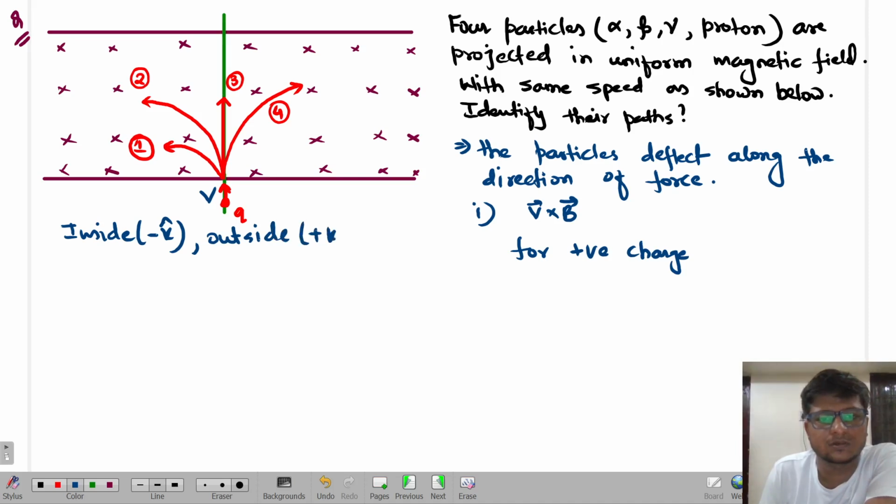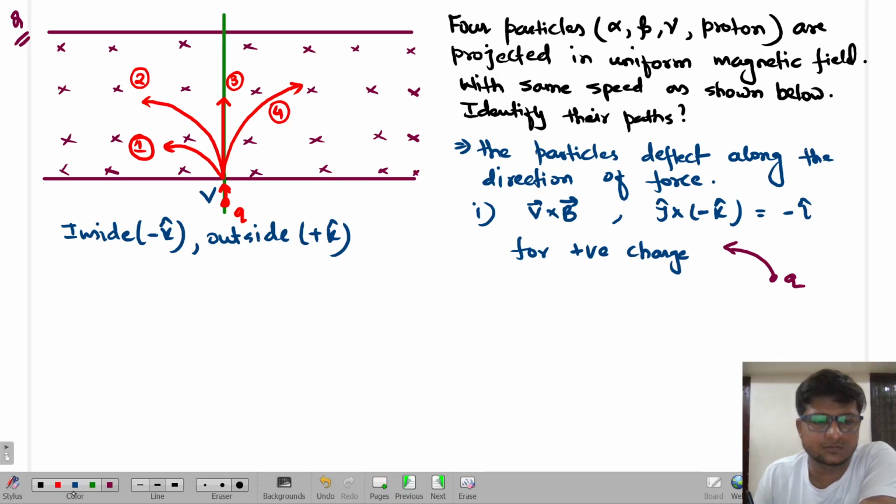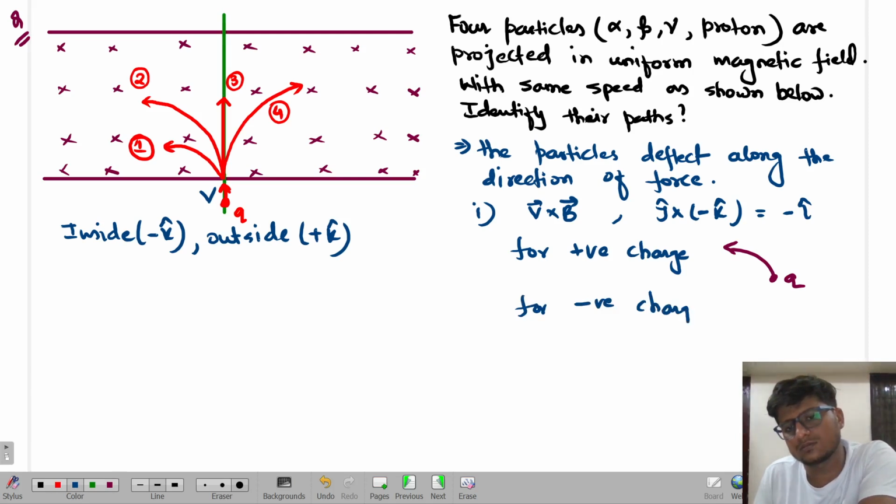So if the charge is positive, I get j cross minus k cap, which is minus i cap. So for a positive charge, the deflection is along the minus i cap direction. For a negative charge, this minus minus will become plus and the charge will be deflected along the right side. You got it?